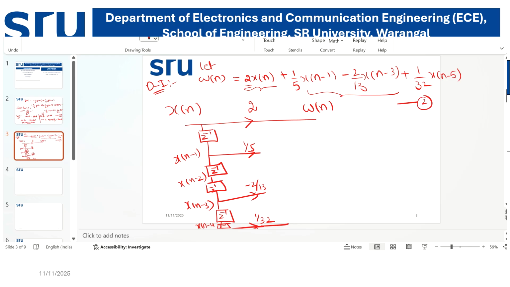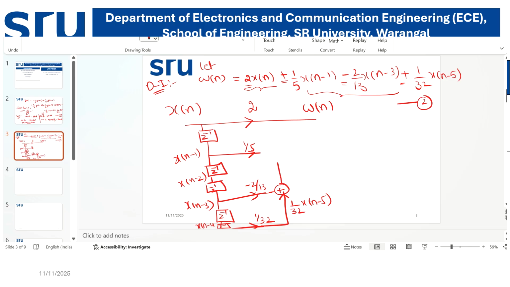Now if you identify the same equation number 2, how many adders do we have? 1, 2 and 3. So 3 adders are required to connect this in the realization circuit in direct form 1. Now this is added with one adder, and this expression is 1 by 32 x of n minus 5.